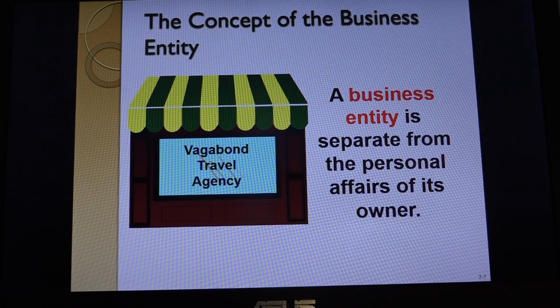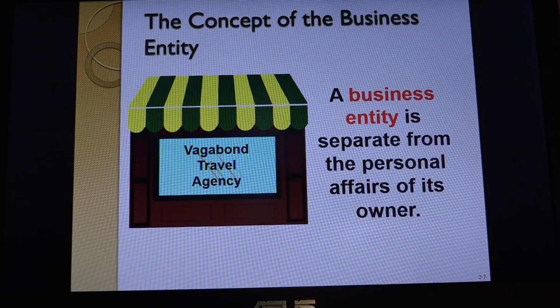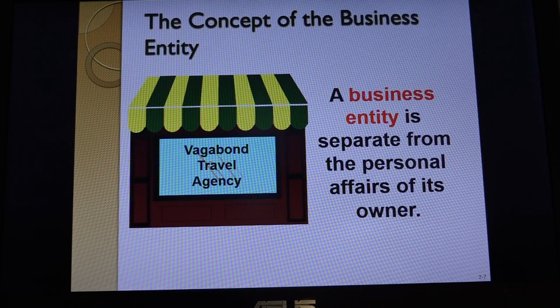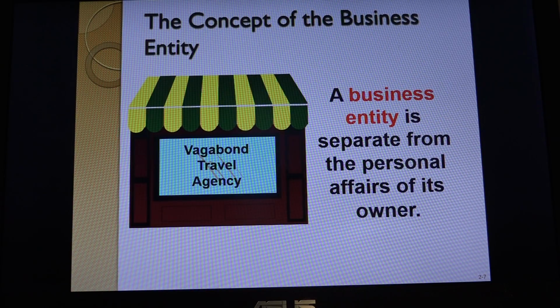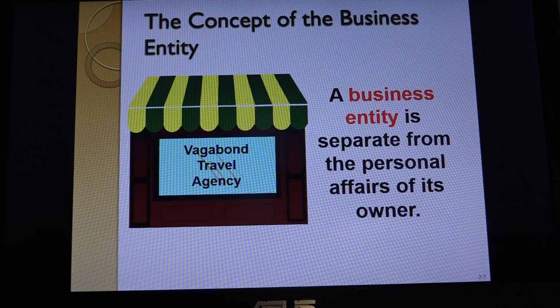One of the big downfalls of many small companies is that the owners don't treat themselves separately from their business. And so they commingle personal and business affairs, and it can be a real disaster to try to figure out. You've got to segregate the personal from the business and run it like a business as a separate entity.